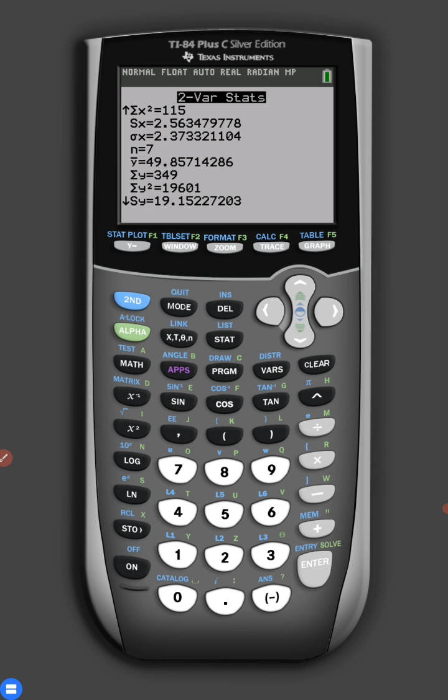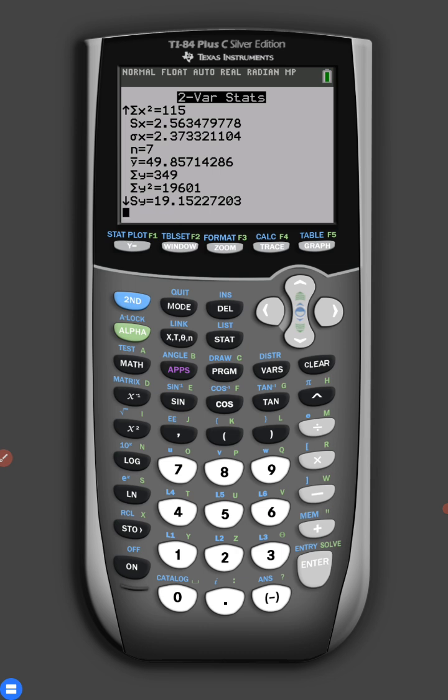And so what I'm going to do is plug those numbers into my formula for slope. So slope is equal, once again, to R times SY over SX. Okay?